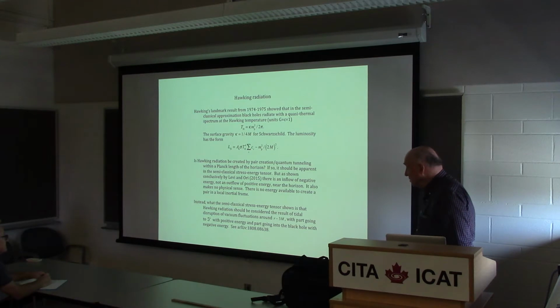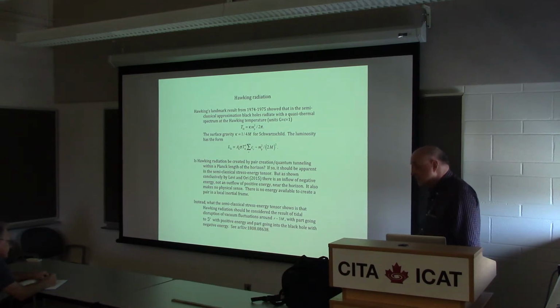Now, I don't like this very much. Calculations of the semi-classical stress energy tensor, which describes the Hawking radiation and other aspects of the energy momentum tensor around a black hole, in the first order in h bar for a classical background, show conclusively that the Hawking radiation is not a flow of positive energy from close to the horizon.